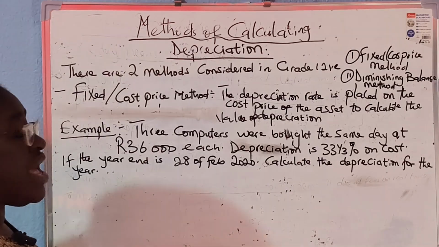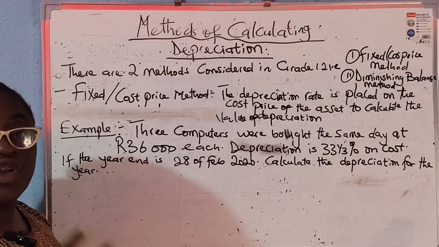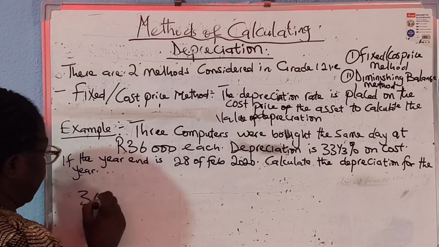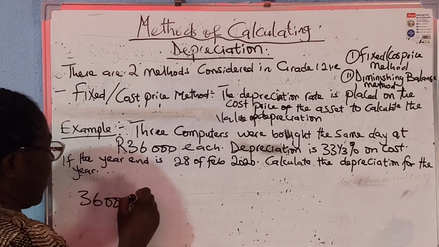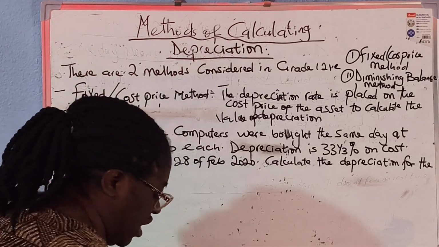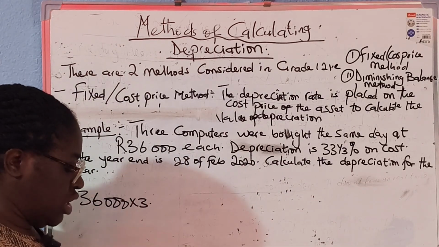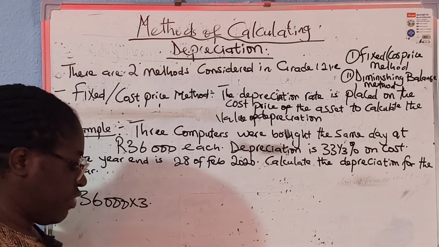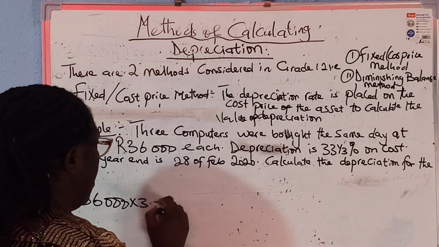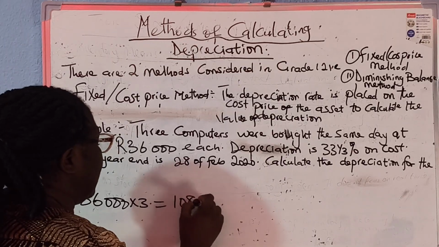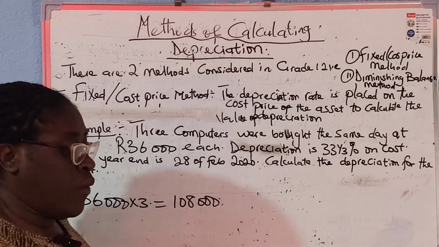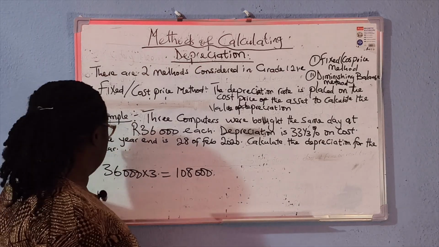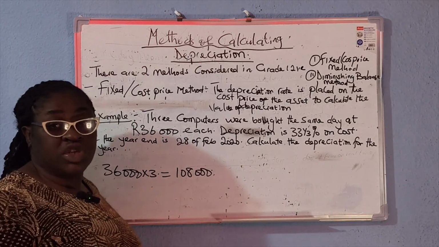So we need to calculate the depreciation for the 3 computers. I'm going to say 36,000 multiplied by 3, and that gives me 108,000.